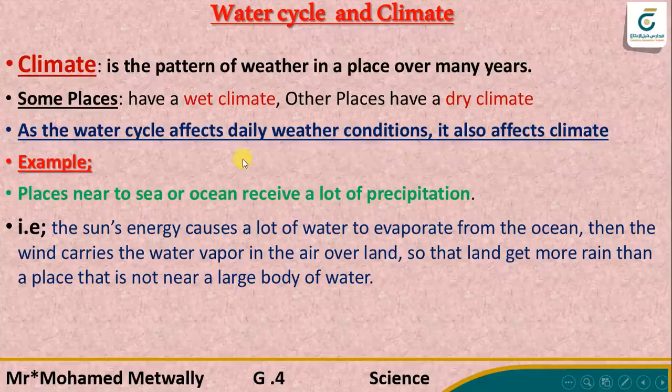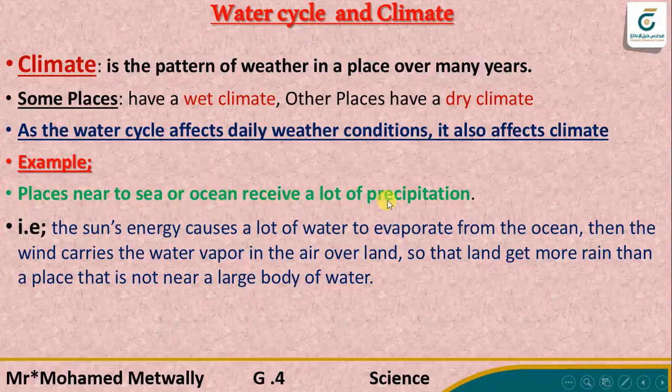So if any changes happen to the weather pattern, there will be a change that affects the climate as well. For example, like we said, places near the sea or ocean receive a lot of precipitation.